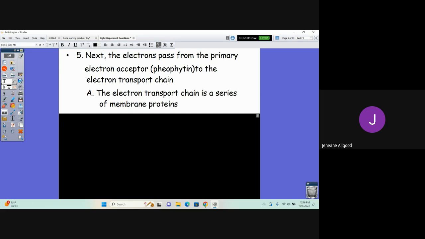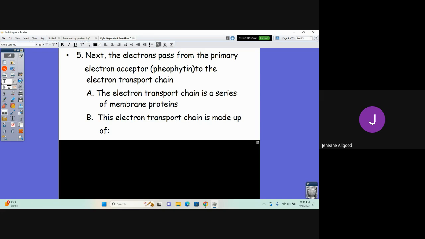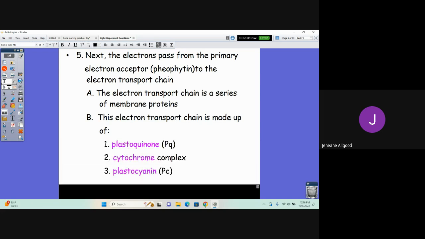So the electron transport chain is a series of membrane proteins.